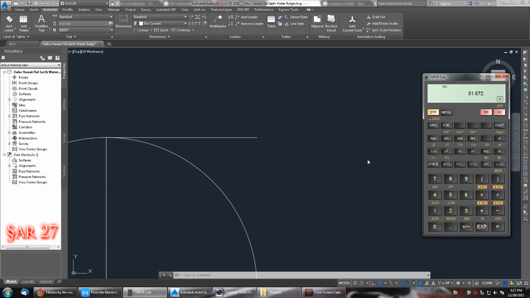I'm going to divide by 12 to get the feet, which is 2,639 feet, and I'm going to divide that by a mile, which is 5,280 feet, to get the decimal conversion for my draft. Now, that is 0.499873 miles. That's a half of a mile.